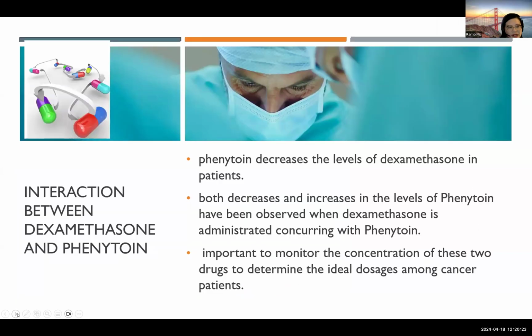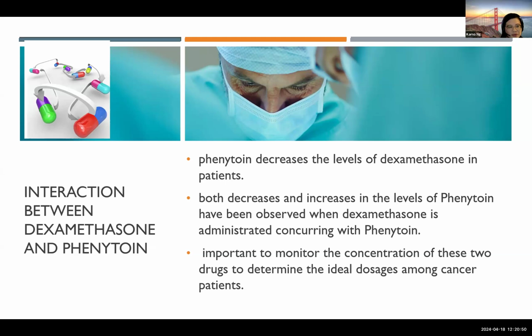Previous studies have shown that phenytoin will decrease the level of dexamethasone in patients when they are given concurrently. On the other hand, inconclusive observations have been seen for the effect of dexamethasone on phenytoin, because both a decrease and an increase in the level of phenytoin have been observed.